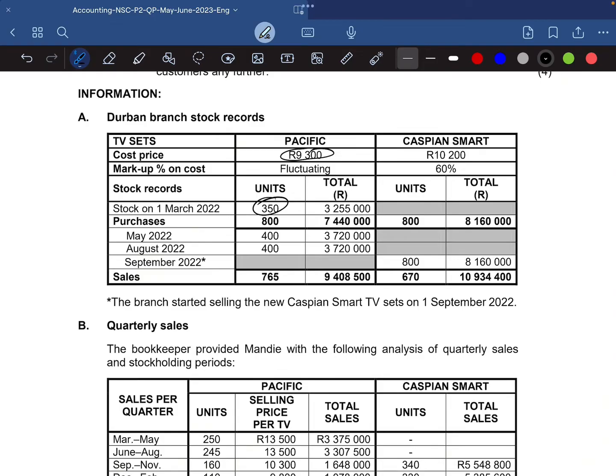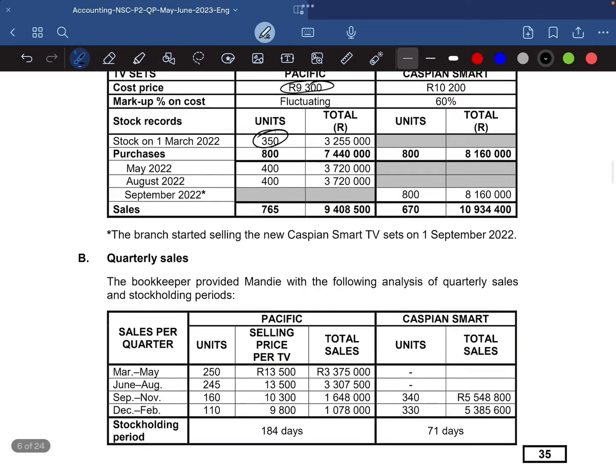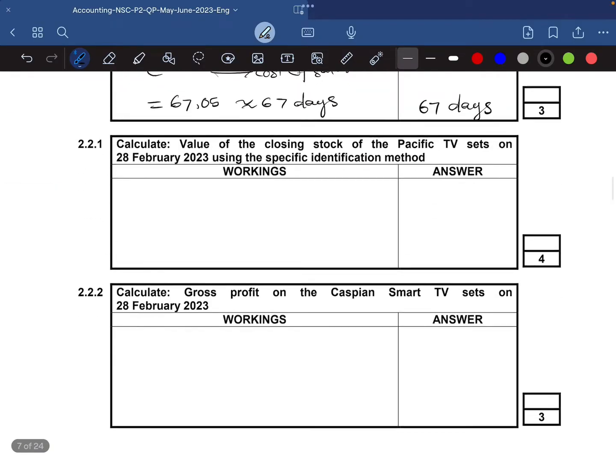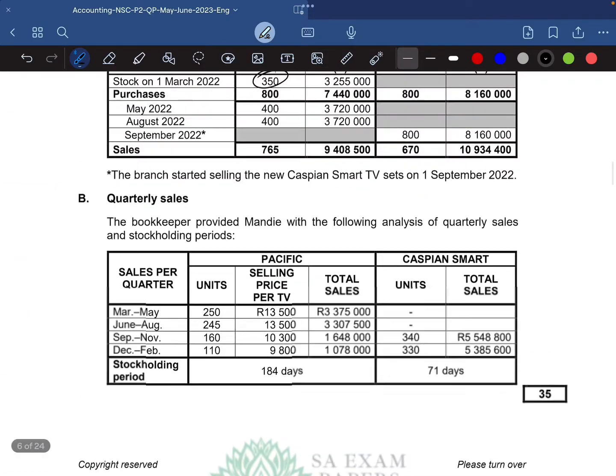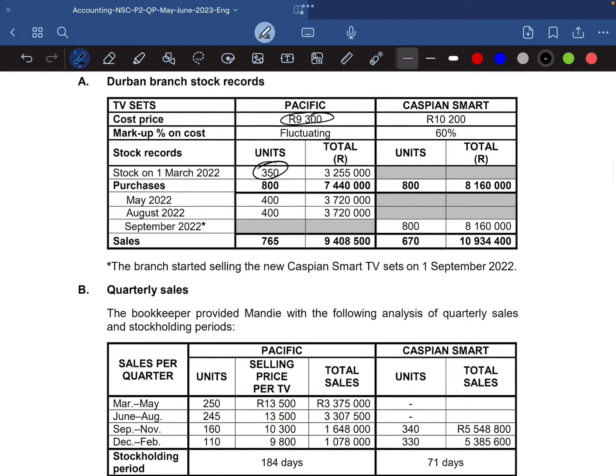We had purchases of 800 and we sold 765. So let's quickly calculate the closing stock.